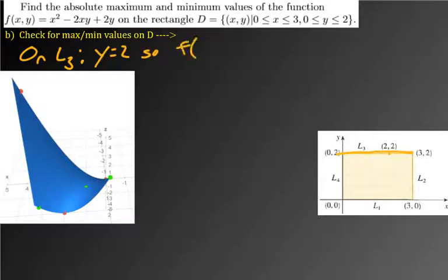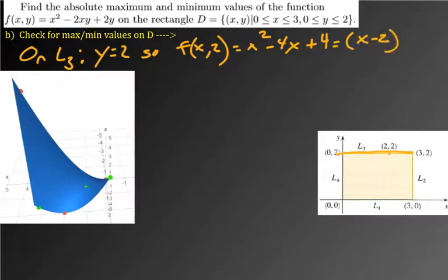So we have f of x comma 2, which is going to reduce to x squared minus 4x plus 4. And that is a quadratic that factors nicely. It's a perfect square, right?